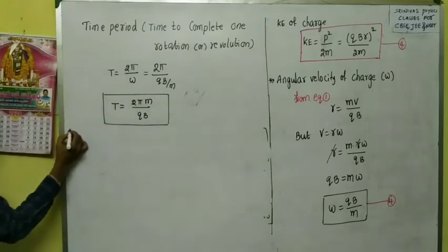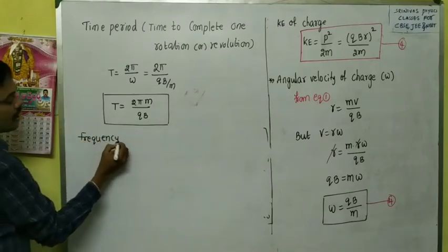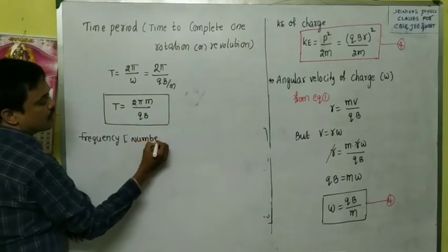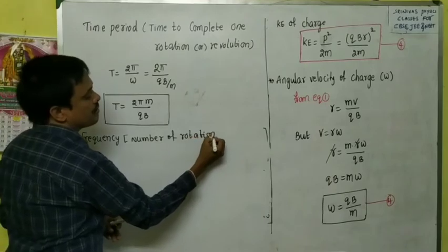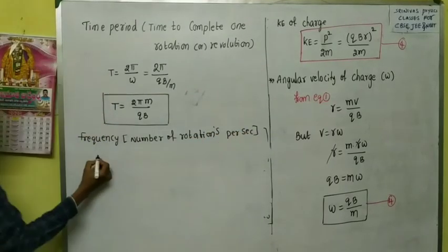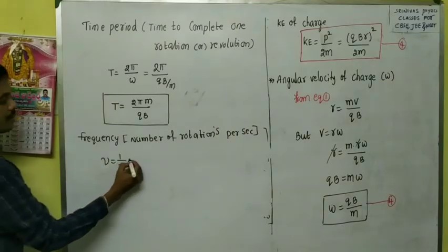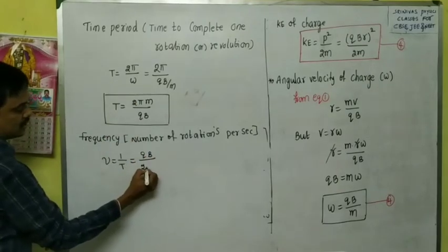Then what is the frequency of the charge? Frequency means number of rotations per second. In lower classes we know the frequency is the reciprocal of the time period: nu is equal to 1 by T. We write the reciprocal of this: qb by 2 pi m.